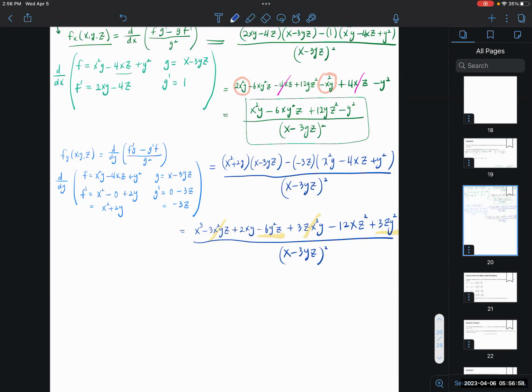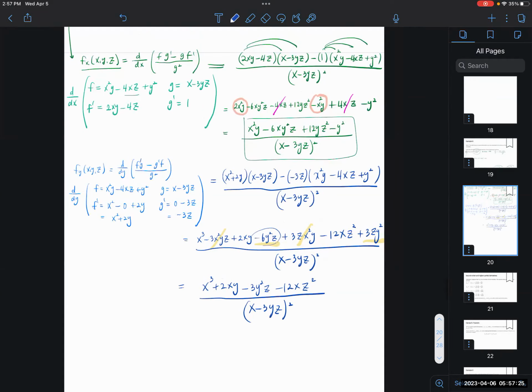So if I rewrite them, x to the third plus 2xy. And then I have the yellow part, they're going to combine, negative 3y squared z, and I have negative 12xz squared, over x minus 3yz entire squared. That's the answer. Geez, that's a lot, I know.